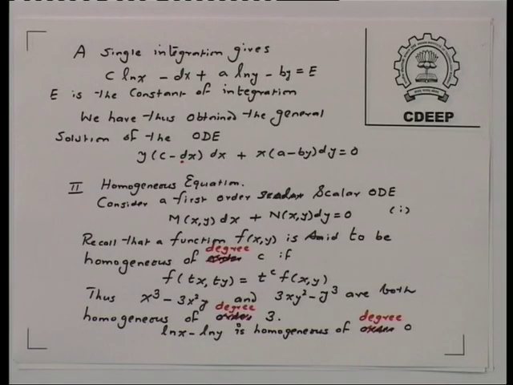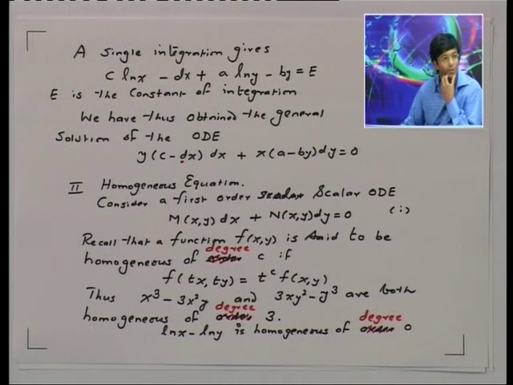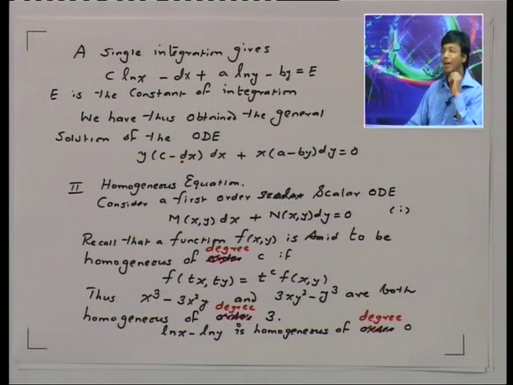That is exceedingly important, that the x and the y there are very, very important. So, homogeneous equations. You understand what a homogeneous function is. Now what are we requiring? We are requiring that m of x, y and n of x, y are both homogeneous of the same degree. What exactly does it say?